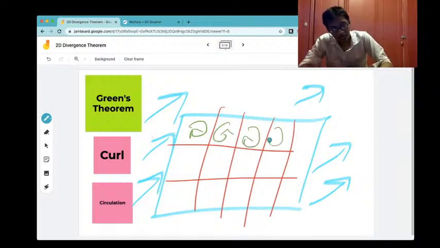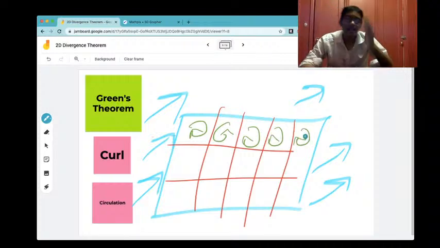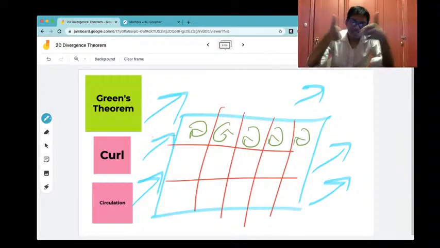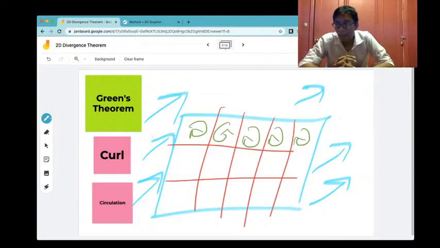So we kind of compute the curl for each one of these infinitesimally small slices, right? And you can actually denote that using a concept called circulation. What's the circulation inside each of these infinitesimally small spaces?